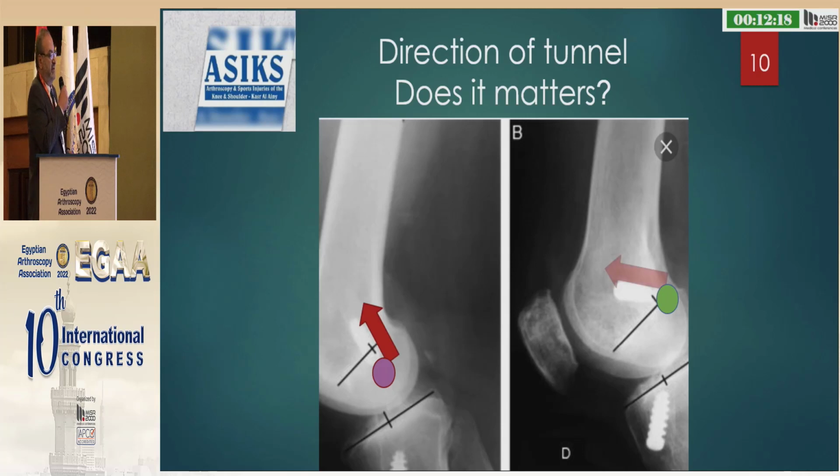So we concentrate on the entry point at the knee, not the direction of the tunnel. We didn't find any correlation between the inclination of the tunnel and the degree of re-instability. The most important is the site of entry at the femoral site inside the knee.